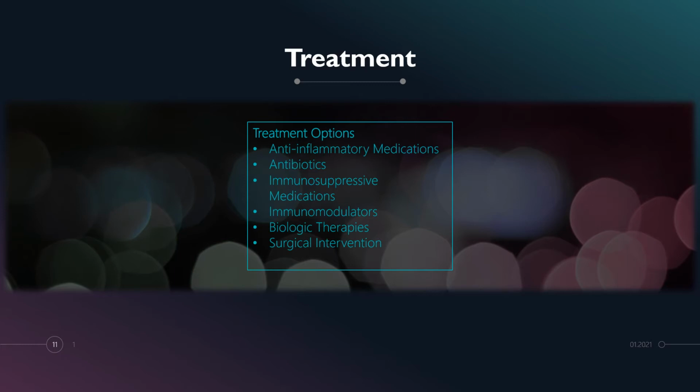A stoma, which is a surgically created artificial opening in the abdomen, is created during an ileostomy, and that becomes the opening from which the waste products are excreted. And you will see that patients who have an ileostomy will use a pouch where the feces and other waste products are collected.